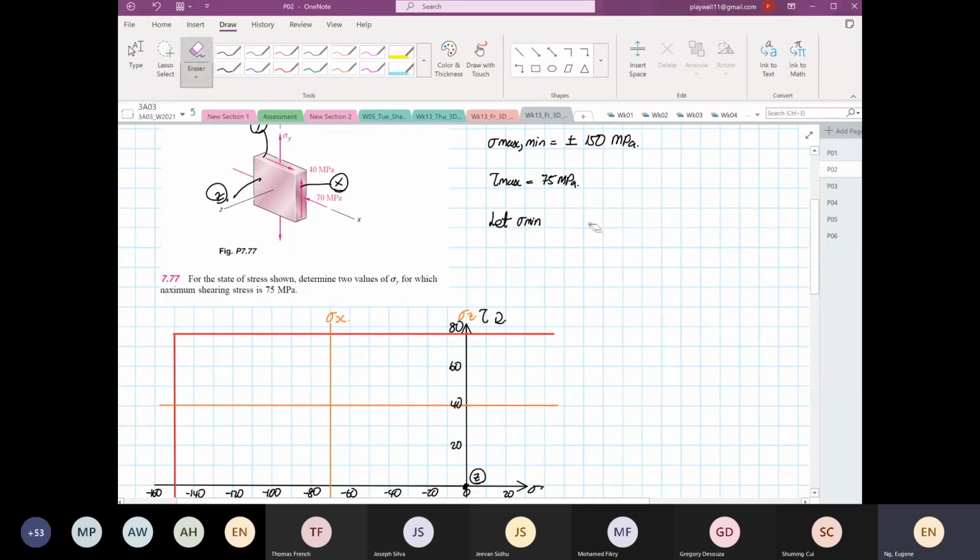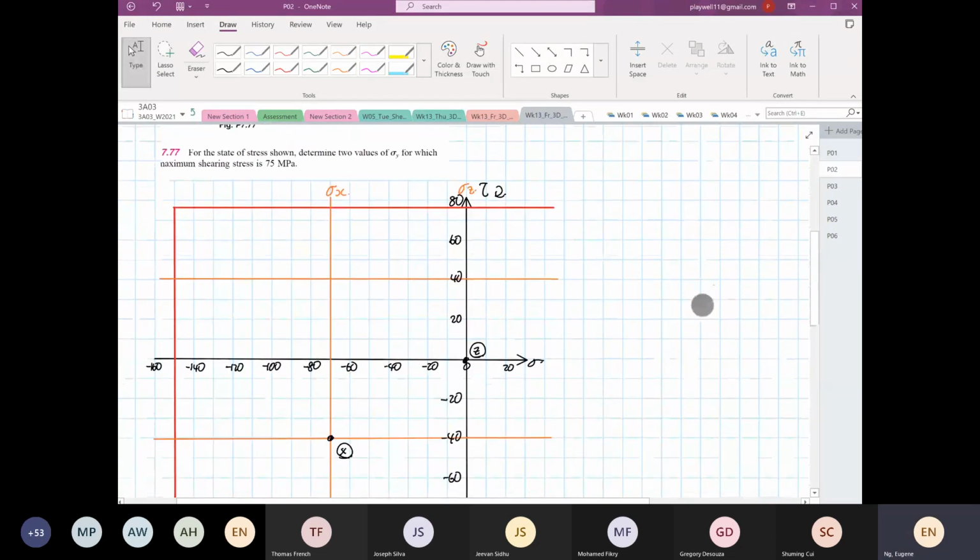We're going to let stress mean and tau max determine the stress Y value. So what we can do now, we're going to use that.